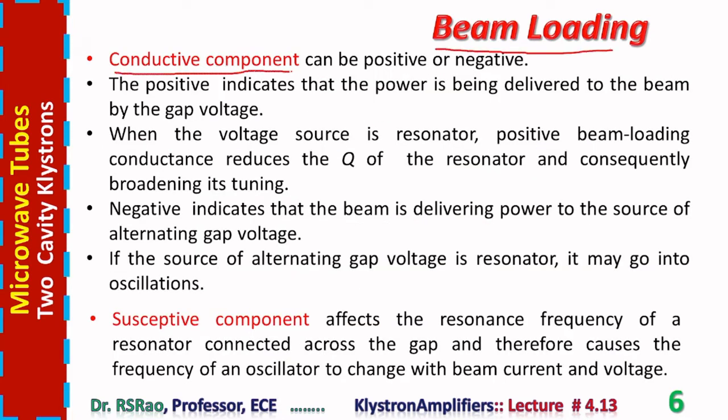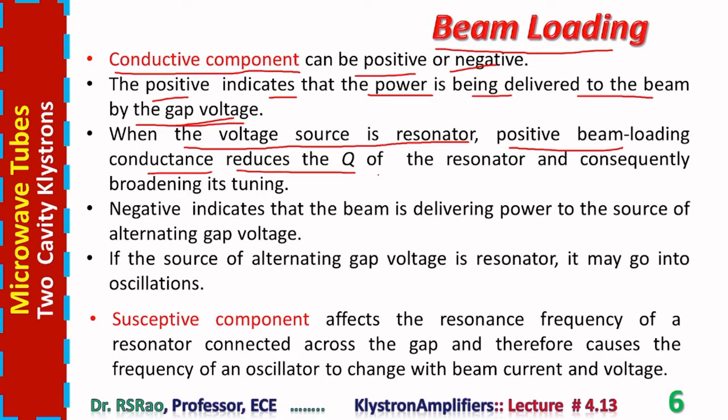The conductive component can be positive or negative. Positive indicates that power is being delivered to the beam by the gap voltage, as happens in the case of the input cavity in the Klystron amplifier. When the voltage source is a resonator, positive beam loading conductance reduces the Q of the resonator and consequently broadens its tuning.